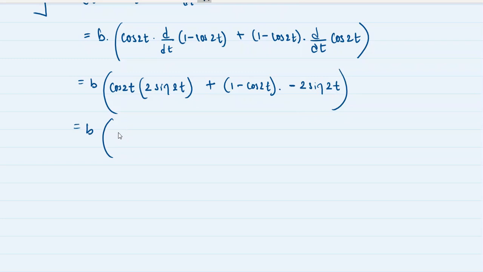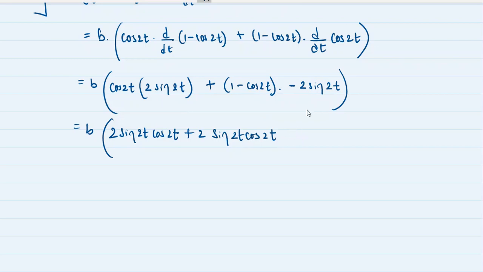So here we get 2 sine 2t cos 2t. Here we get plus 2 sine 2t cos 2t, because this minus 2 sine 2t gets multiplied with minus cos 2t, so we get plus 2 sine 2t cos 2t.